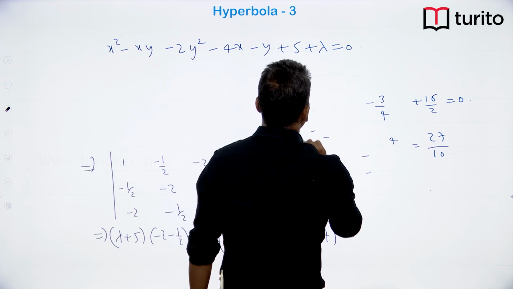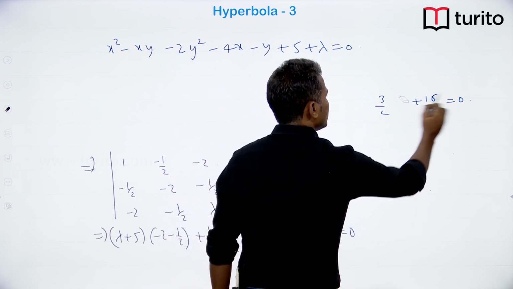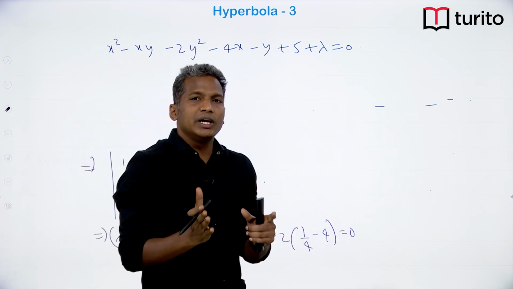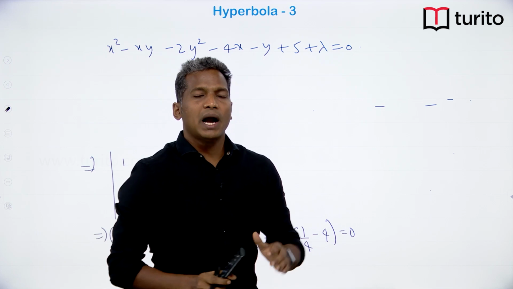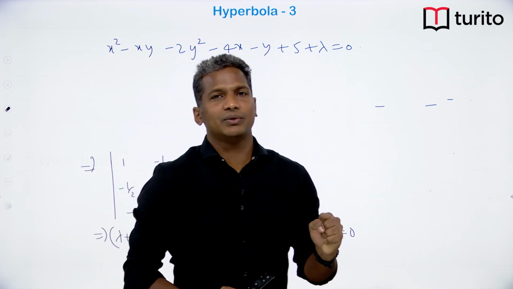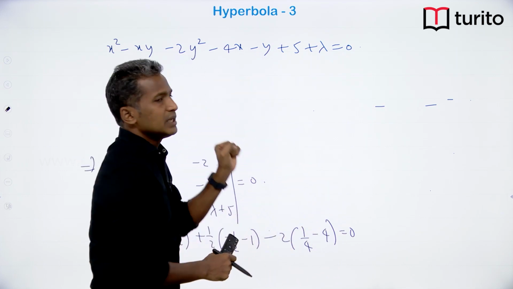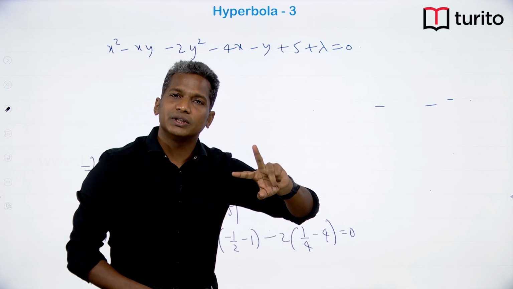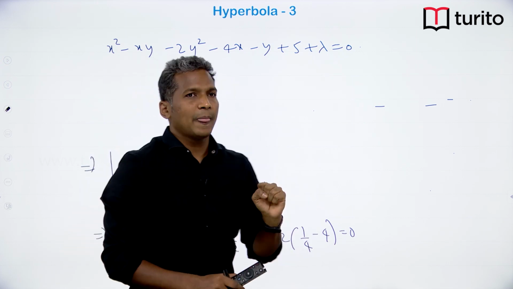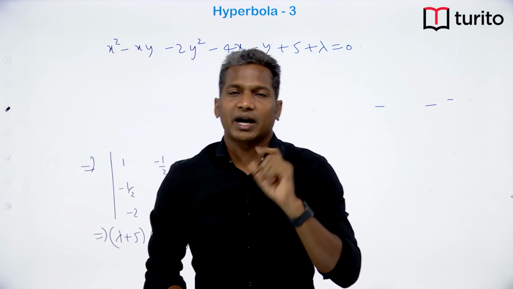So we understand that the equation of asymptotes is always in the form L1 into L2 equal to 0, and the hyperbola will be L1 into L2 plus some constant equal to 0. So what we try to do is factorize this into a pair of two lines, that means into two linear factors. So in a hyperbola, it's always easy to factorize.